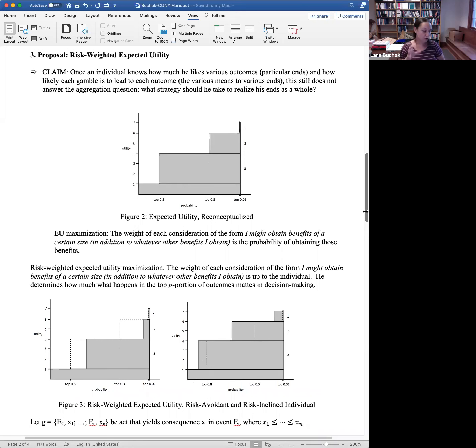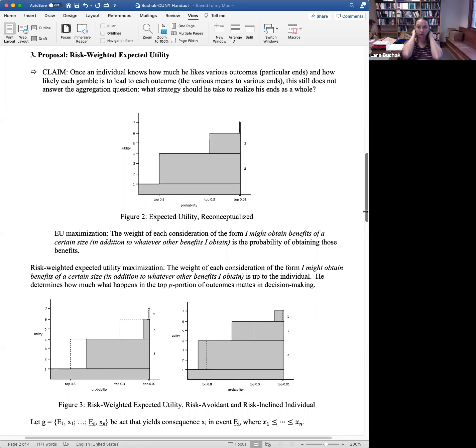And in fact, just knowing the values of various states of the world and how likely each act is to lead to these consequences, this still isn't going to answer the aggregation question. We're not going to have enough information yet to answer it.